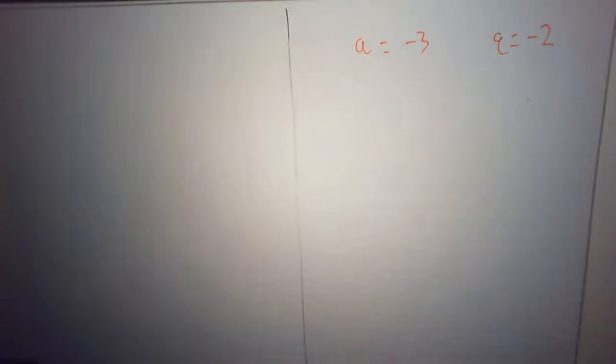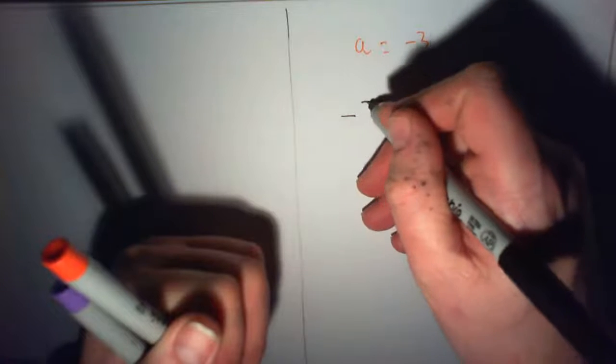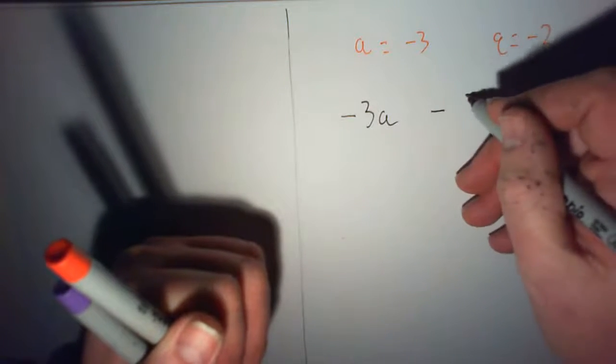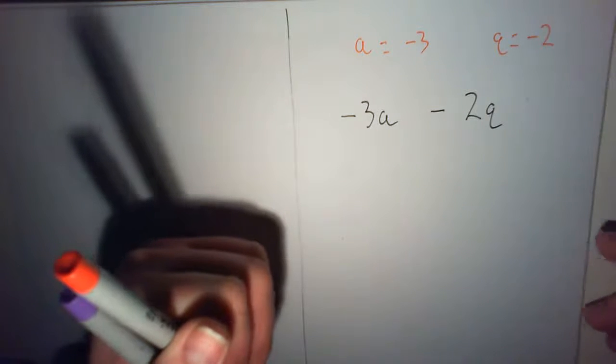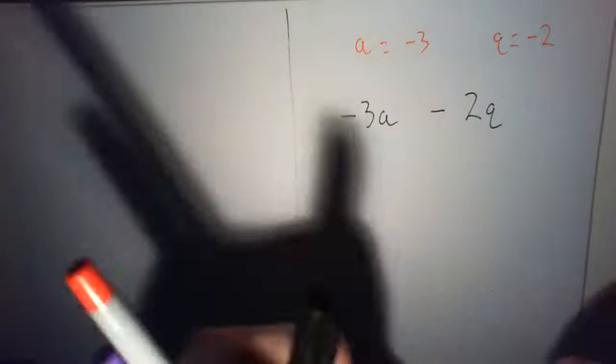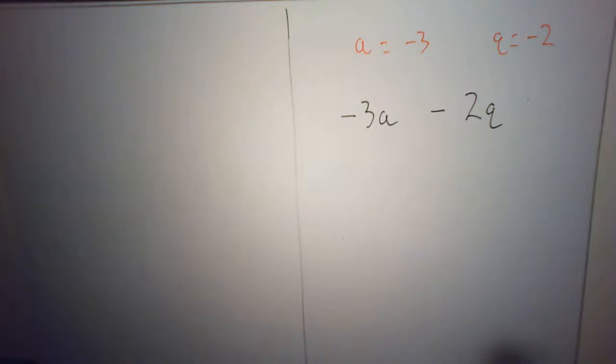All right, let's have a look at what we can do here. Minus 3A minus 2Q. Okay. Now, I'm going to give you a chance to do it, but don't worry if it goes wrong on you. You might get stuck on the signs, but if you're getting the substitution right, that's the important thing. Okay, 3, 2, 1, go.